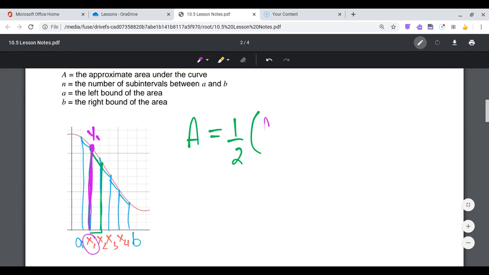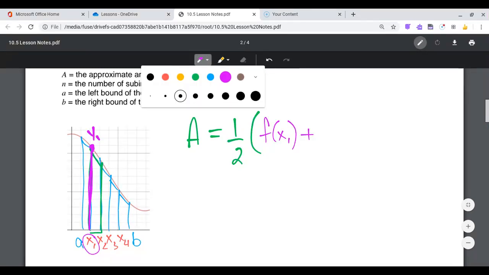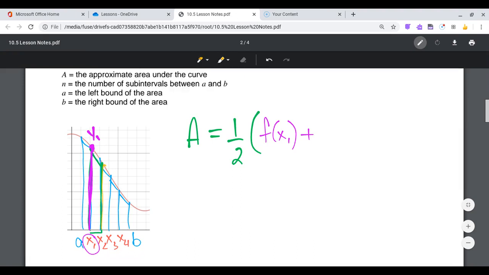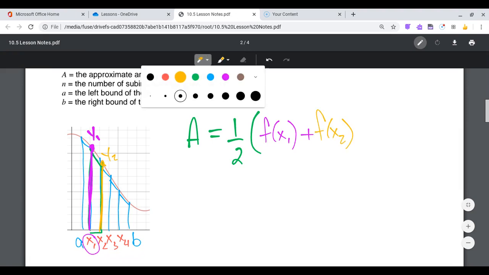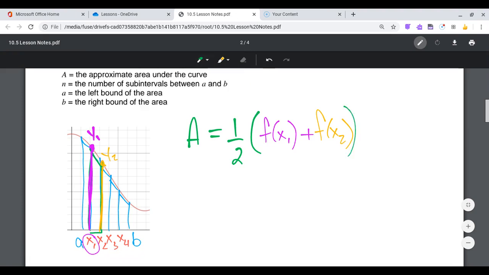So that would be f of x1 plus, then I need the second base. Let's call that yellow right here. That would be y2 or f of x2. That would get me the two bases, the two parallel sides lengths that I could add together. And then I would need to know what is the width.